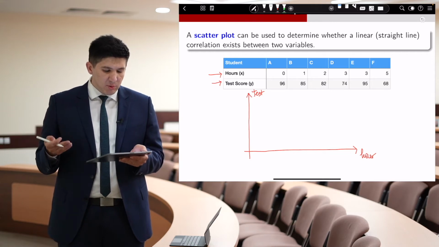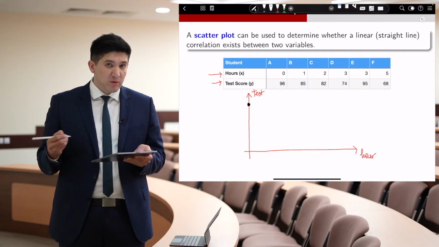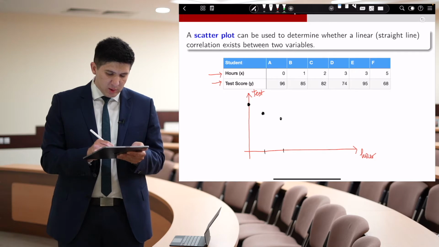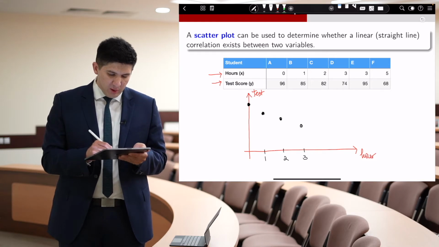When x is equal to 0, y is equal to 96, so it's going to be somewhere here, for example. This is going to be the score of student A. When x is equal to 1, it is going to be 85, somewhere here. When x is equal to 2, it's going to be 82. When x is 3, it is 74. Then it is 3 again, right?